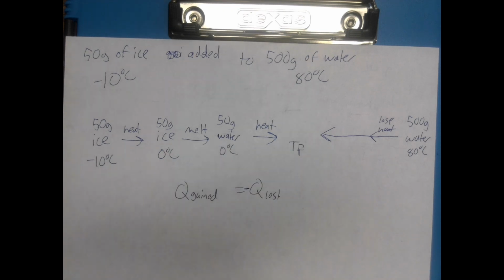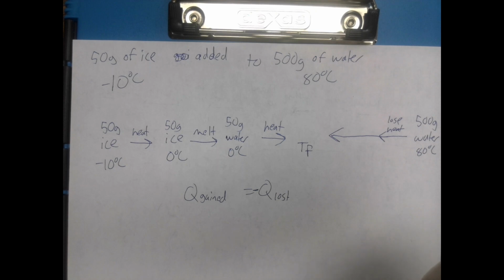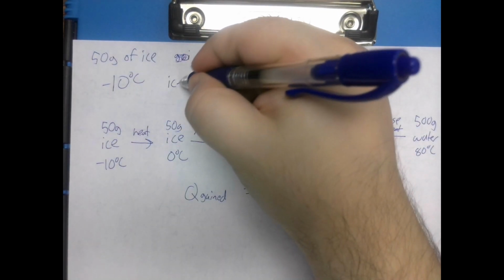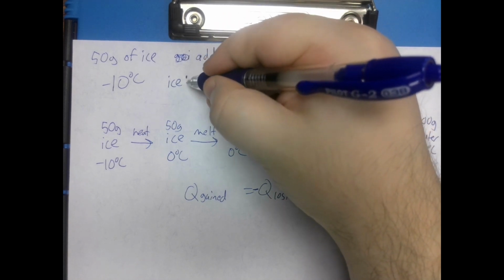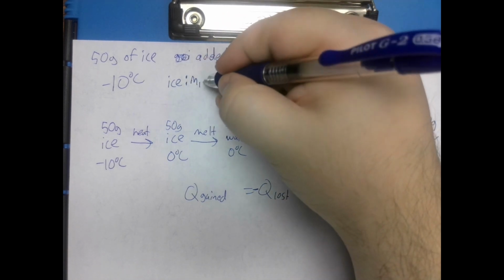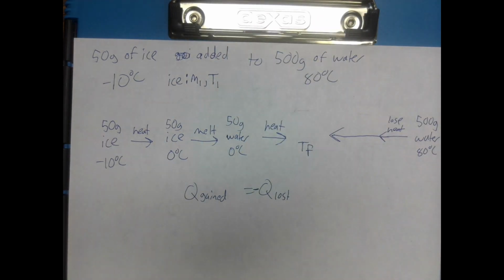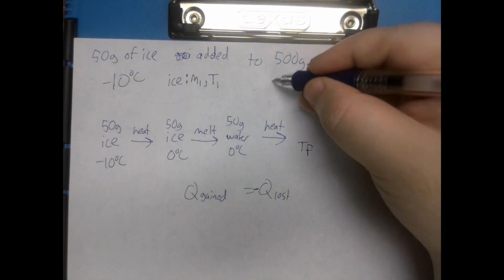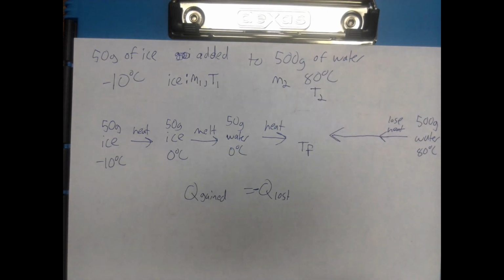So for the heat gained on this side, let's say the ice has a mass M1 and initial temperature T1. And over here, this is mass 2 and this is T2.